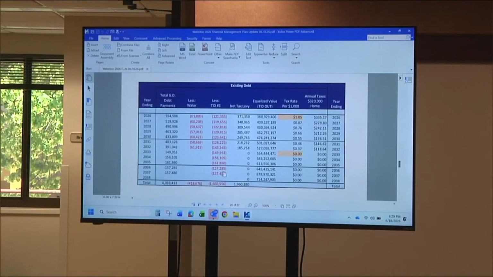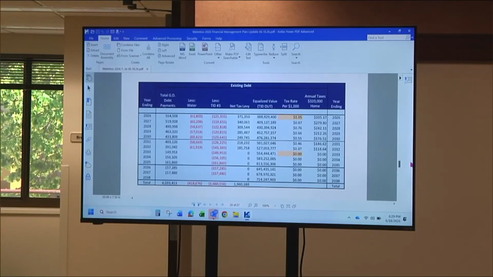The red columns are abatements that are coming from payments from other sources. So water's paying some of the debt in those given years, and your TID 3 is also paying that as well. But in the case of your tax levy, you do have debt coming off, at least from a taxpayer perspective, that's not being paid by the TID in 2032.